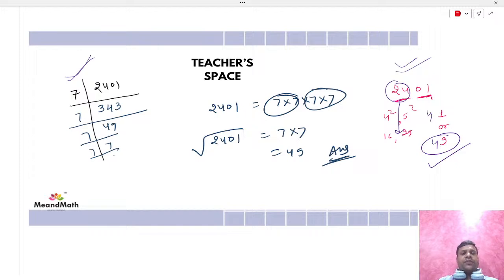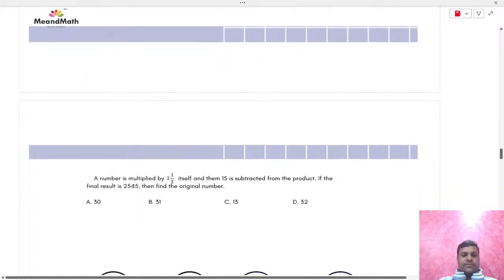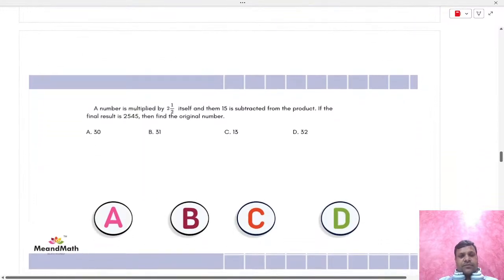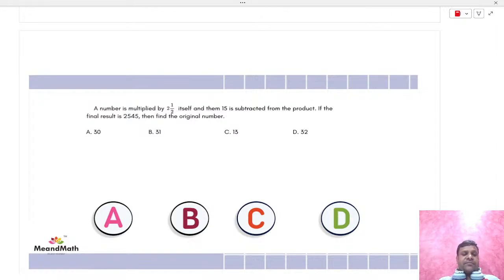Now let's move to the next question. This question is a little bit difficult, so you have to read it carefully, and after reading just make the equation and then simplify. A number is multiplied by 2.5 itself, and then 15 is subtracted from the product. If the final result is 2545, then find the original number.